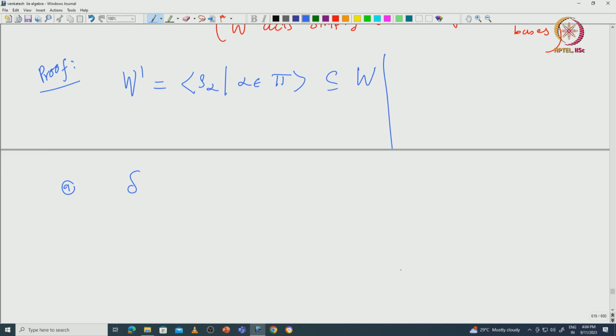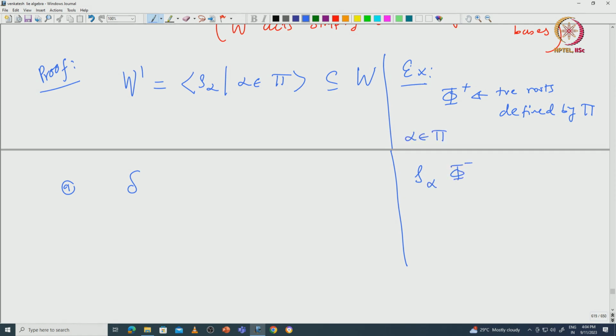here is a small exercise that is aside. If we take these positive roots that are defined by this pi, then one can prove that if we take alpha in pi, then S alpha of pi plus minus alpha is exactly equal to pi plus minus alpha.